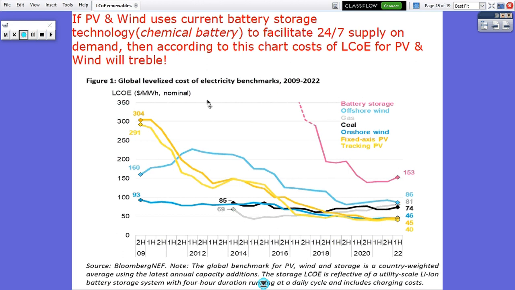Based on information that's out there from Bloomberg, they have benchmark figures showing battery storage significantly increasing the costs of renewable energy. So one caveat when looking at levelised costs of energy through academic papers online or in books is, do they include battery storage or not? If you include battery storage, then your levelised cost of energy for PV and wind is significantly higher than without it.